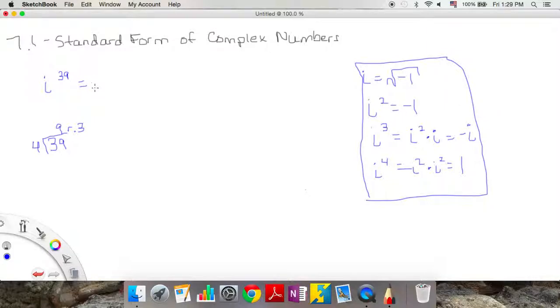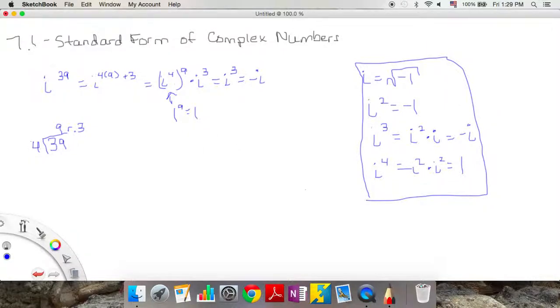So that's i to the 4 times 9 plus 3. That's the same thing as i to the 4th to the 9th power times i to the 3rd power, which this is just 1. So 1 to the 9th equals 1. And so we're left with i cubed, which we know is negative i.